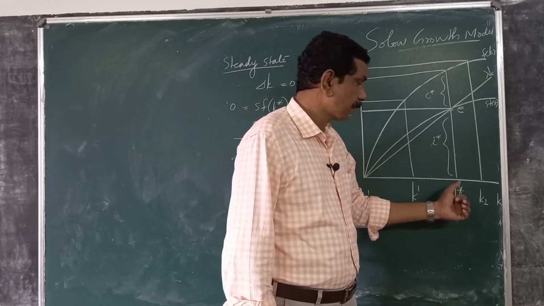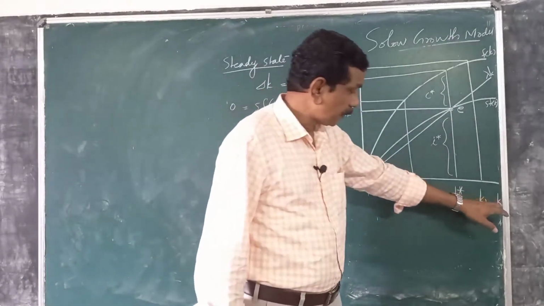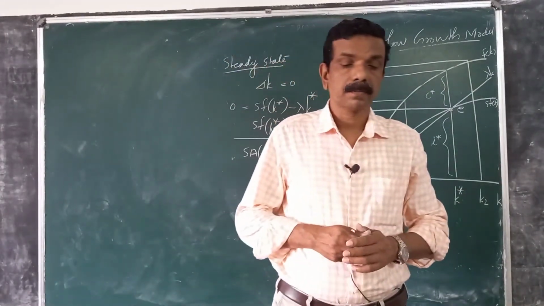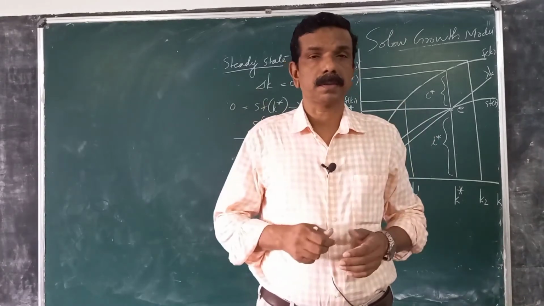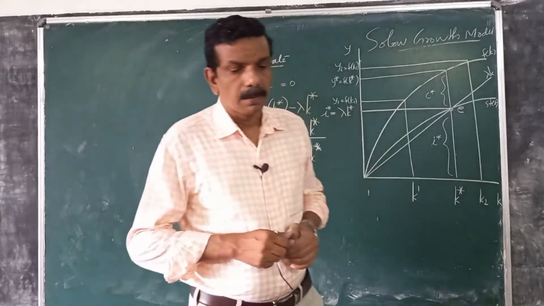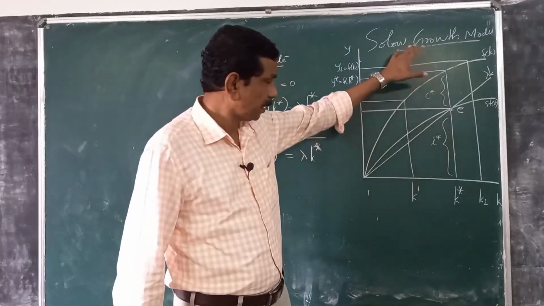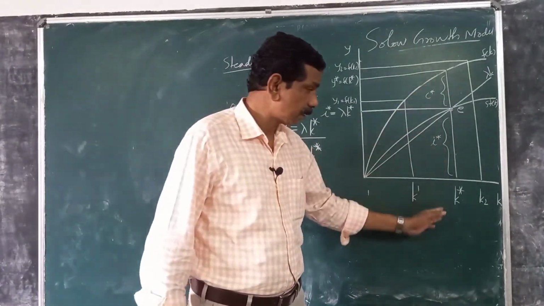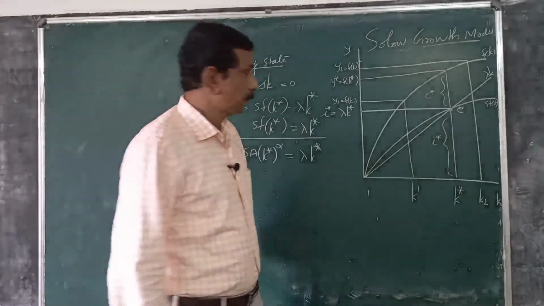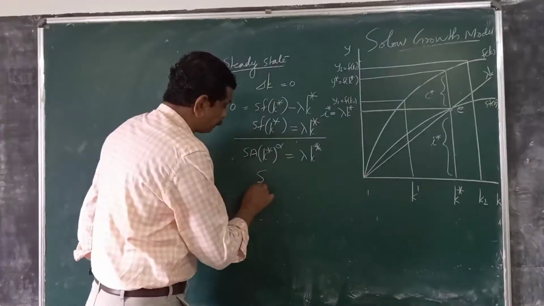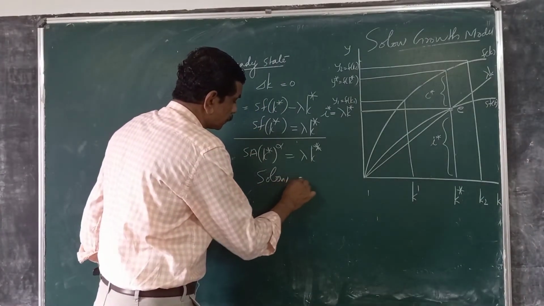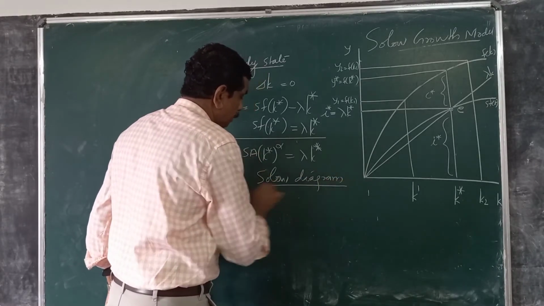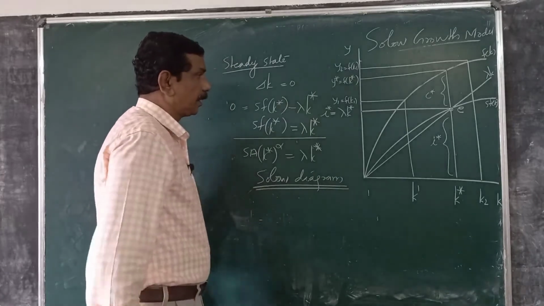And here, if K by L is given as K star, capital per head neither increases nor decreases. Now, this graph which depicts the steady state is known as the Solow diagram.